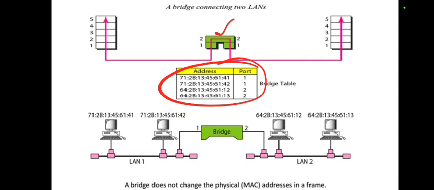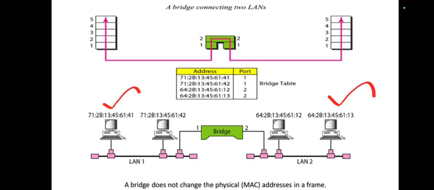For the first address, the port number to be used is 1, for the next one it is 1, and for the third one it is 2, and for the fourth one it is 2. If this system wants to communicate with this, it sends the message through port 1, and the bridge will use port 2 to send it, because the system is on this side. This is how the bridge works.